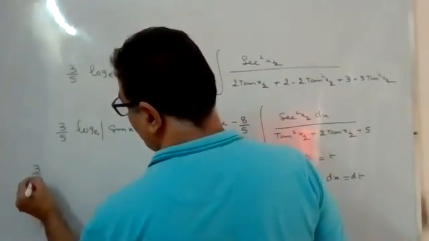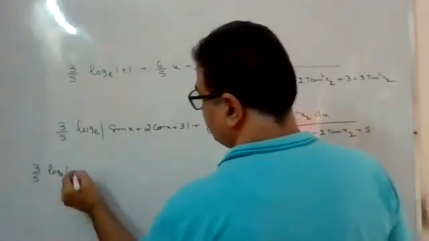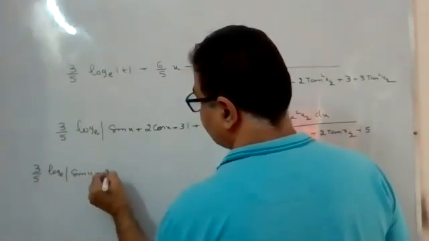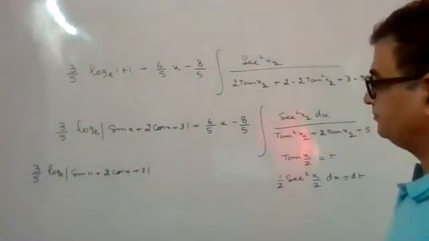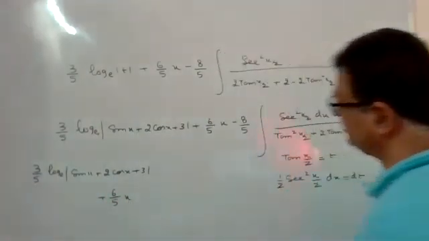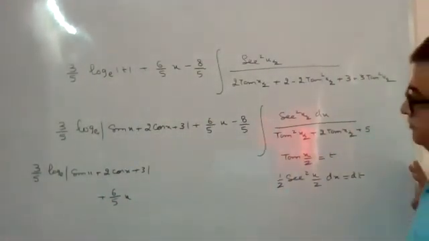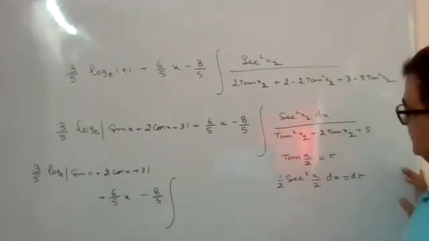So the result comes out to be 3 by 5 log of sin x plus 2 cos x plus 3, plus 6 by 5 x, minus 8 by 5.